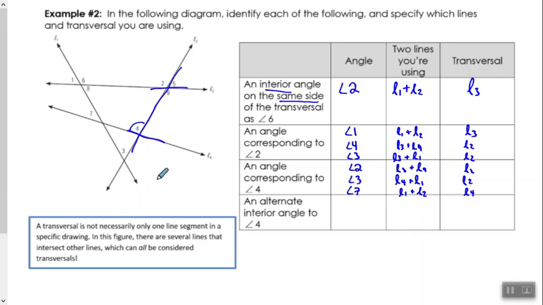So here we have 4 as an interior angle, and zip across, 4 will be alternate interior to angle 9. And that's when I'm using line 3 and line 4 as my lines, with line 2 as my transversal. Sorry, those are all really messy.